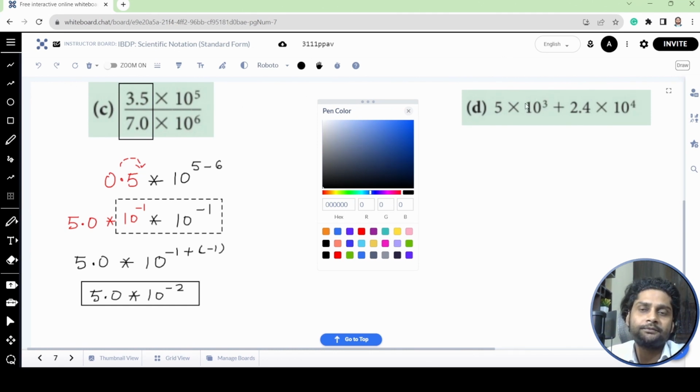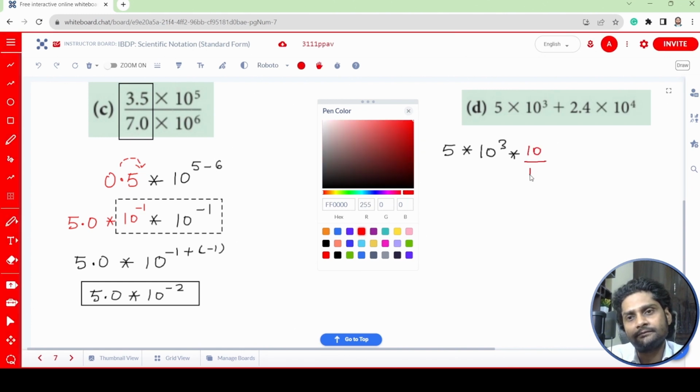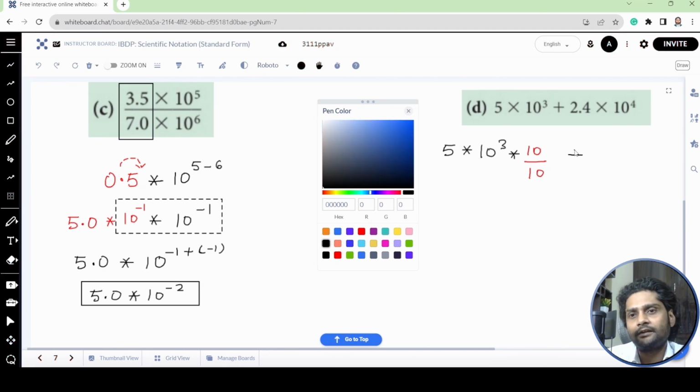See, this is 10 raised to the power of 3. In order to make it 10 raised to the power of 4, what we can do, see, we have 10 raised to the power of 3 here. If we multiply by 10 and we divide by 10, it means we did nothing. It's just 1 only, right? So we are allowed to do that. We can multiply 1 to any number, that doesn't affect at all, and keep the second number as it is.